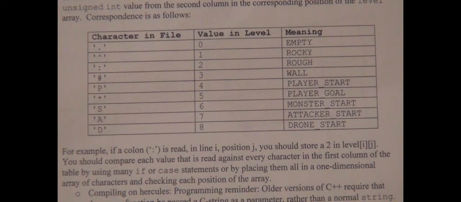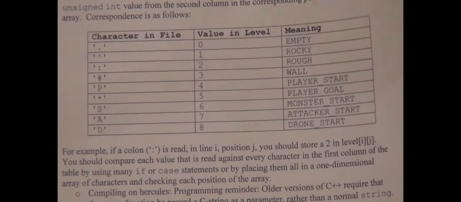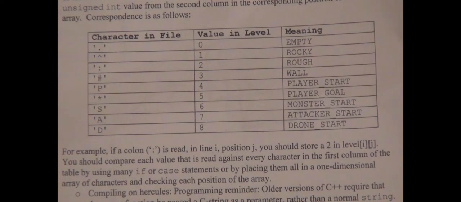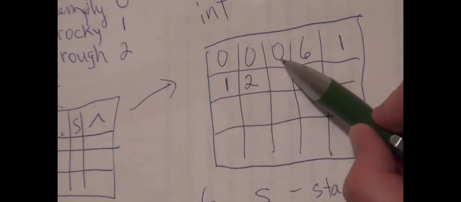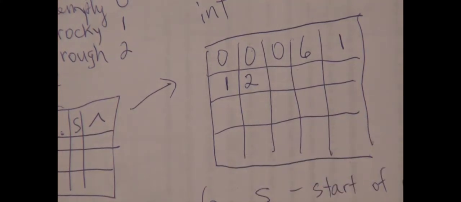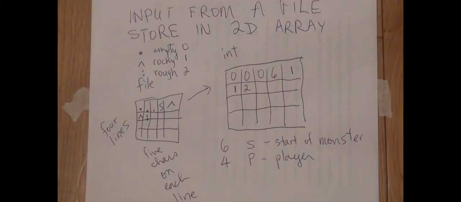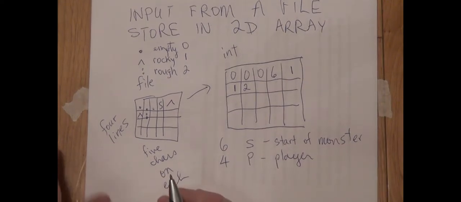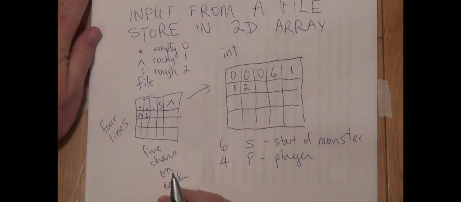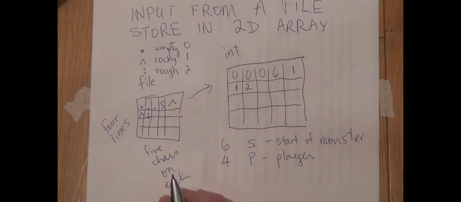So our job is to read in a file. So many rows, so many columns in each row, many lines of text. And for each character, fill in the corresponding number in the 2D array. And we'll just keep filling in the input here a bit.